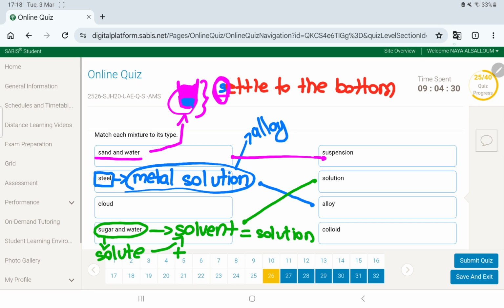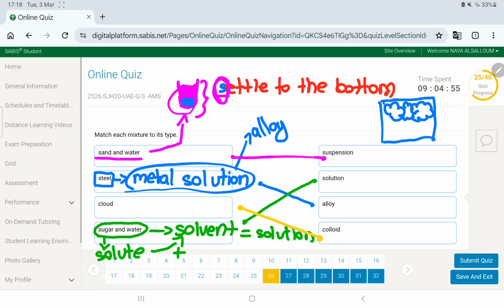Now, a colloid. Why is cloud a colloid? Because when you wake up and you see, let's say here, a cloudy sky. Did the cloud settle? No. But did it dissolve in the air? No, it didn't.